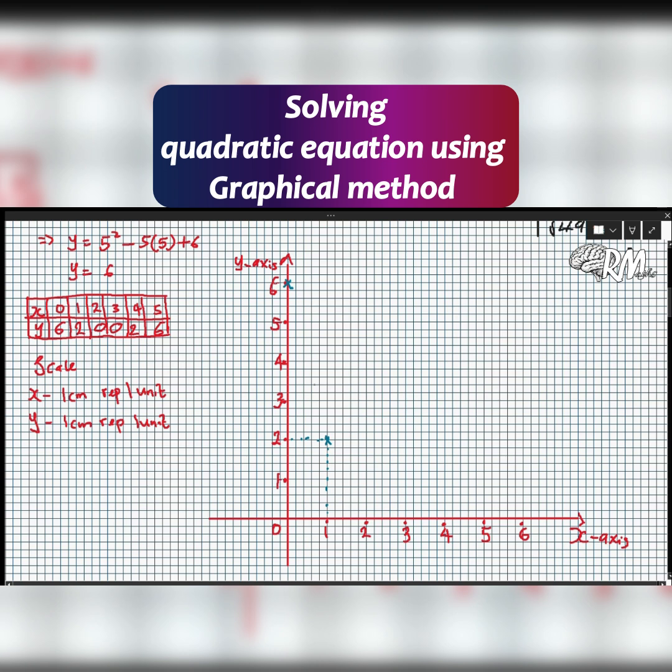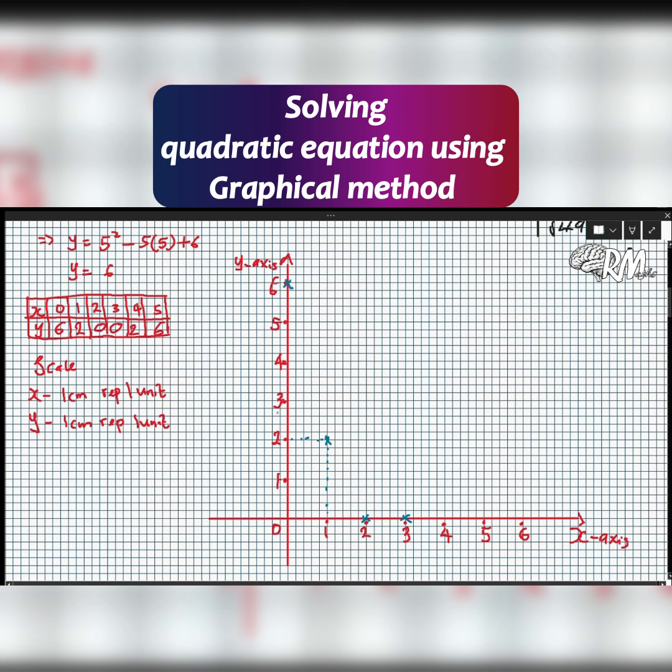Now the third one, we say when x is 2, y is 0. Remember this is my x as 2 and y is 0. This is the region for y being 0, so we just put it here. Now the next one, when x is 3, y is also 0. The same thing, we have it here.